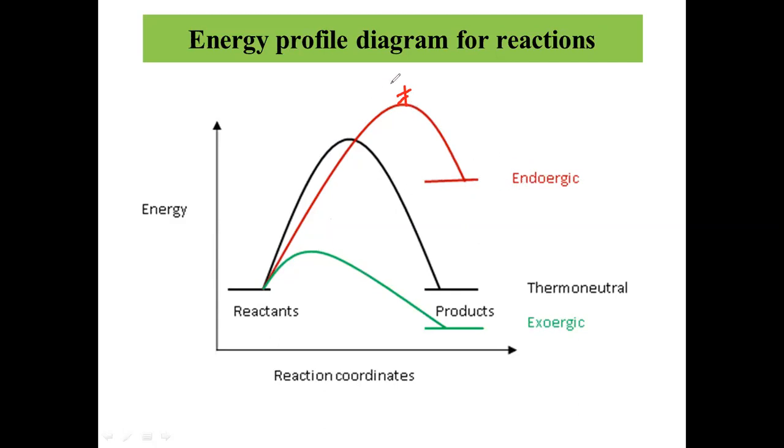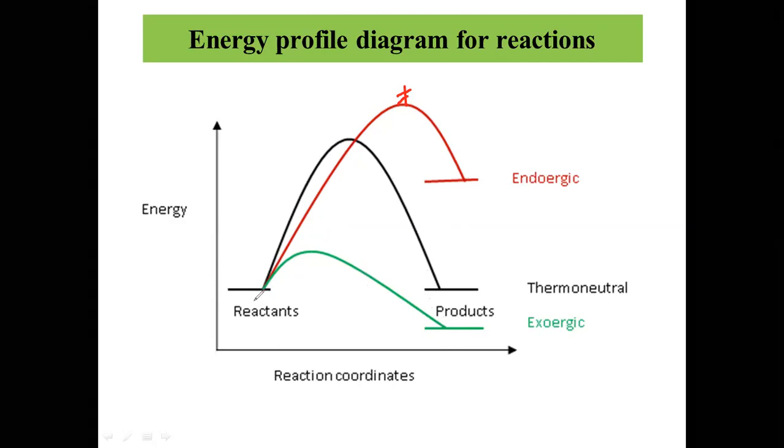So this is called the late barrier. Right? On the other hand, for the exergic reaction, where the products' energy is lower than the reactants', in that case the transition state or the saddle point is going to be in the entrance channel, that is in the reactants zone, right?